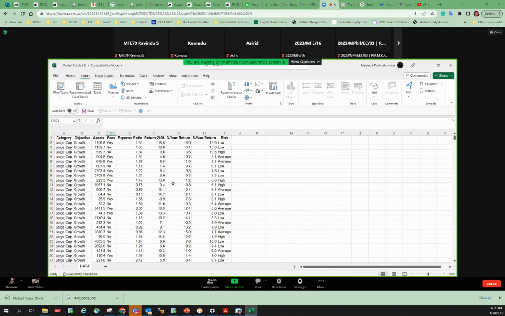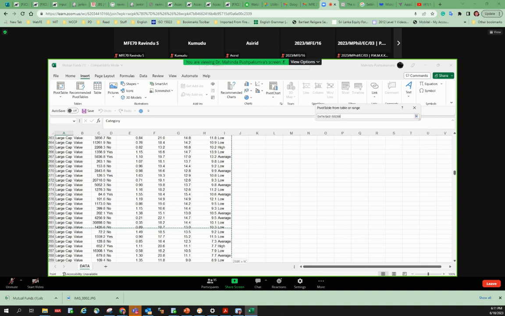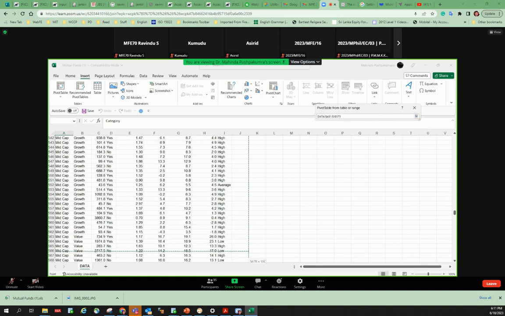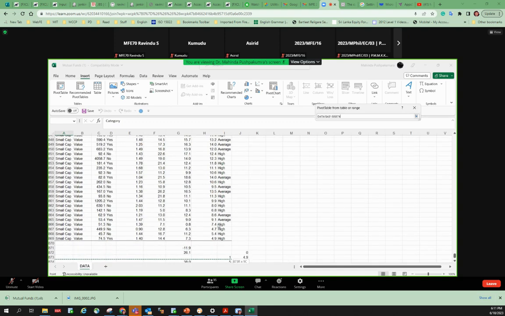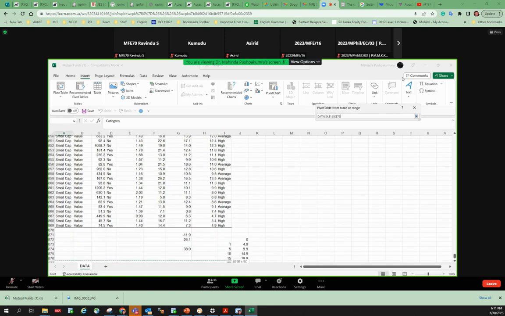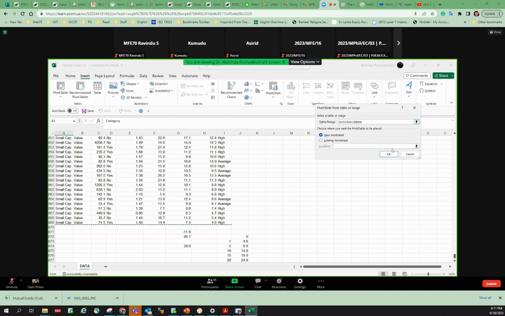Can you see it now again? Yes, sir, we can see. Okay. Then you click on here and click the pivot table. Then select the data set. Then OK.